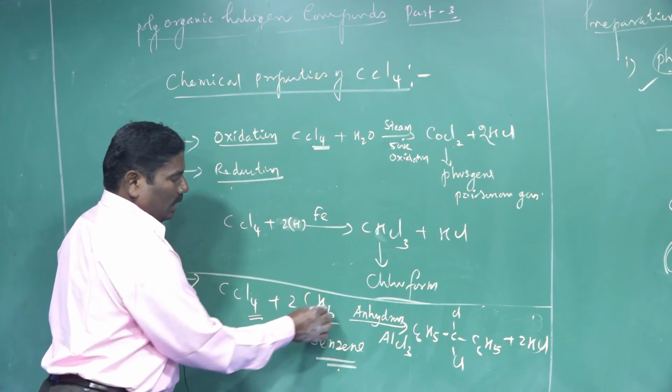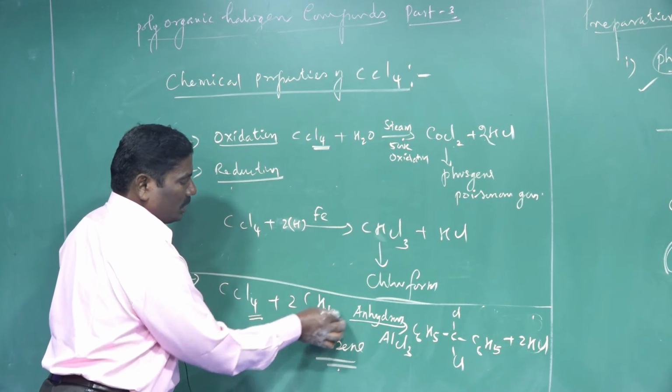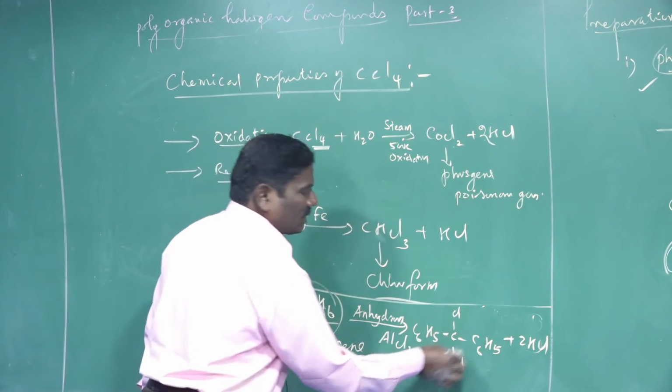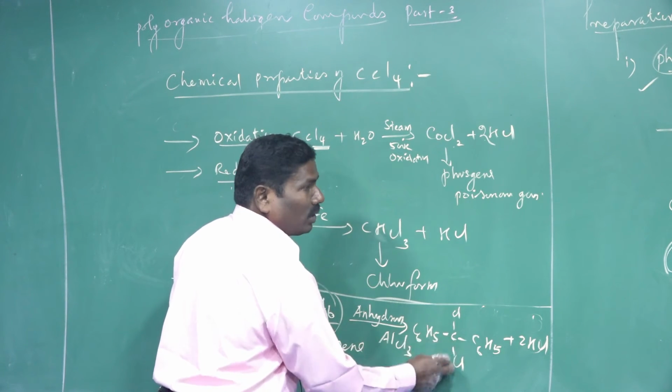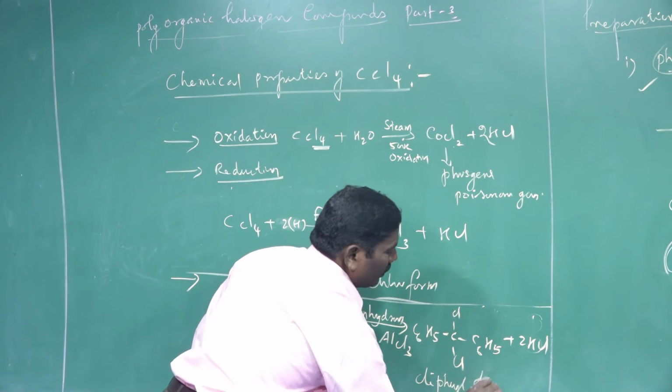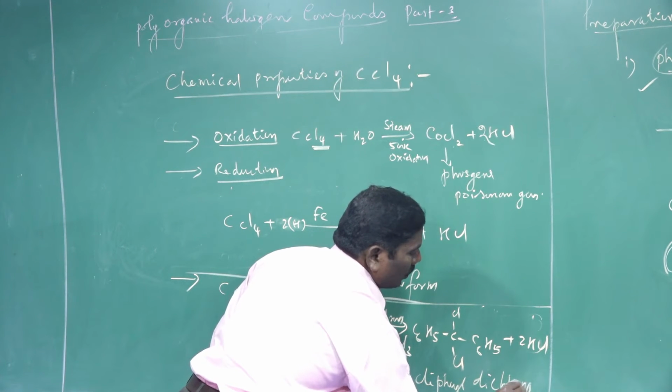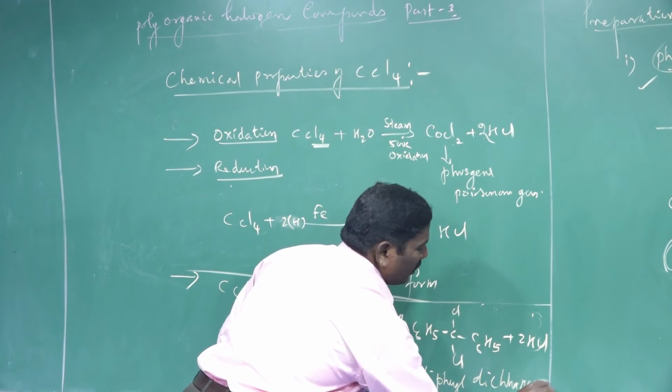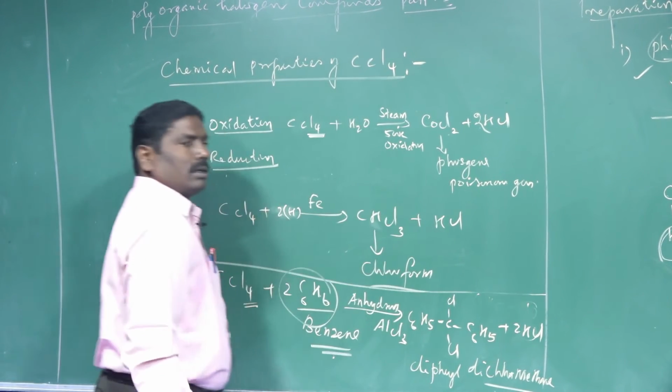Here 2 chlorine and here the 2 hydrogens, this is 2 moles. Now the product formed is called diphenyl dichloromethane.